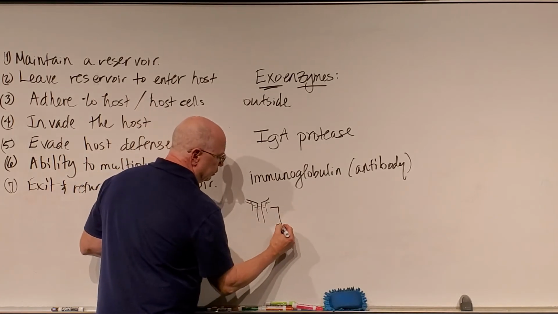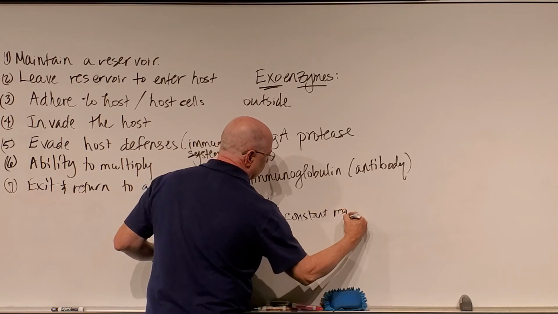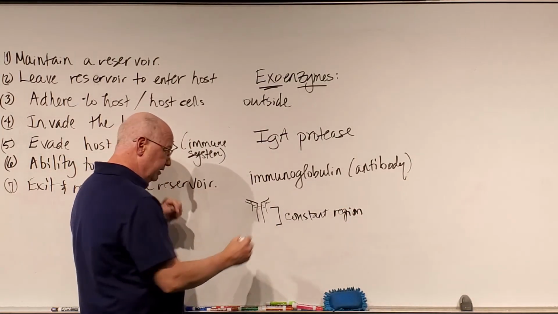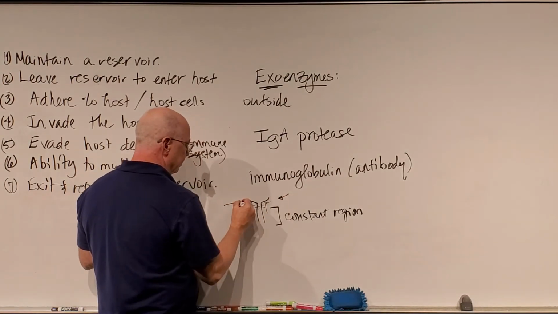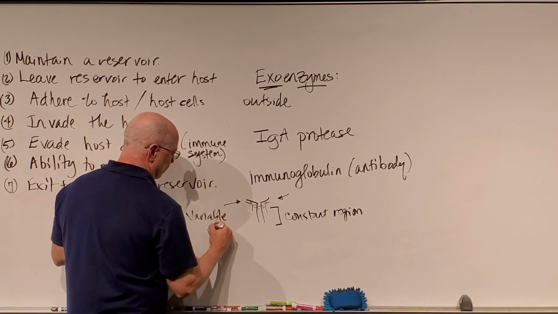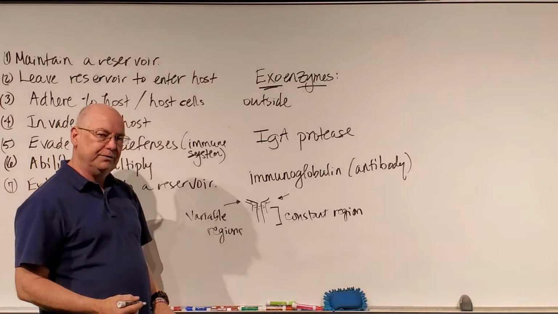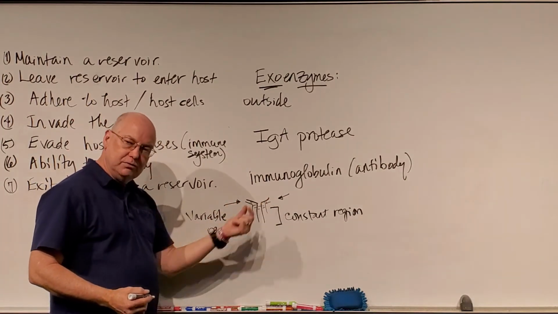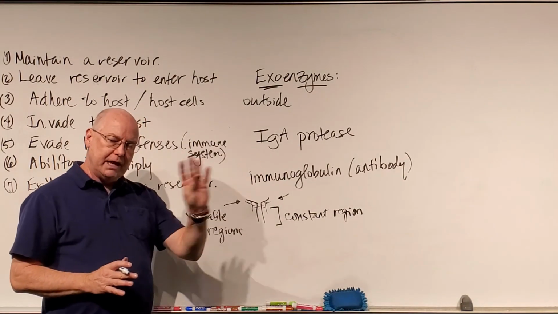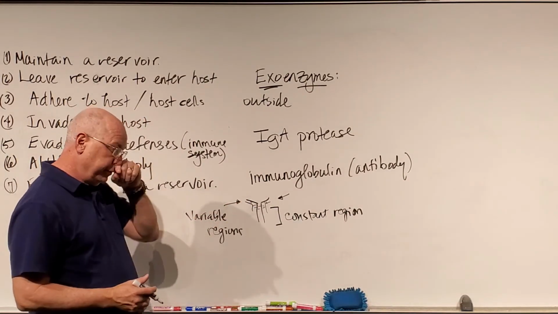One part of the molecule is called the constant region because the amino acid sequence here is constant. It never changes. But these 2 little spots here are referred to as the variable regions because that's the part that makes one antibody different from the other, the amino acid sequence here. This part is constant for any antibody made, but the variable region makes one antibody different from another.